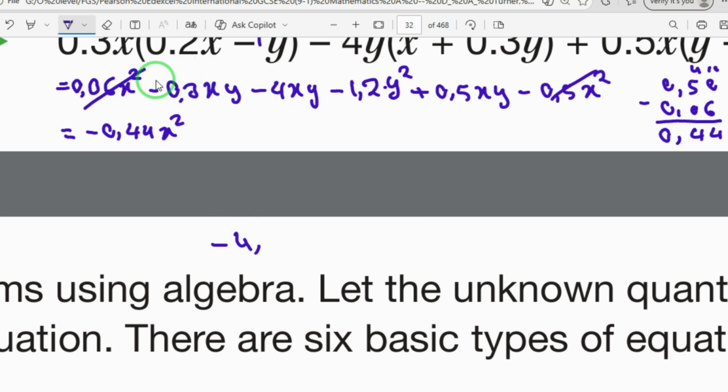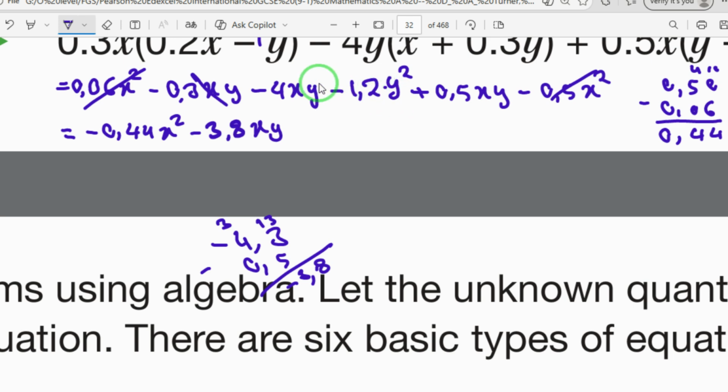First we add these 2 numbers and we subtract this one, minus 0.5. Here we subtract, but the sign is negative. We borrow from this one. This 13 minus 5 remains 8. We borrow from this, remain 3. So minus 3.8xy.